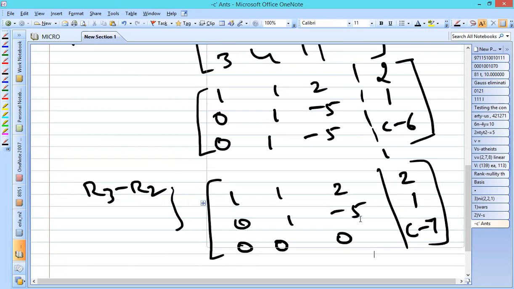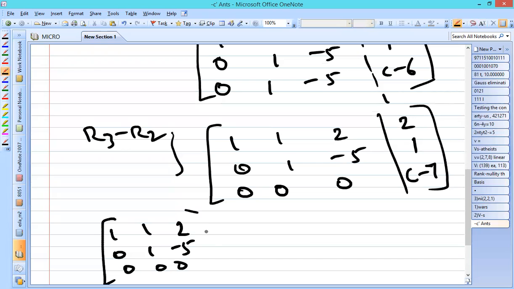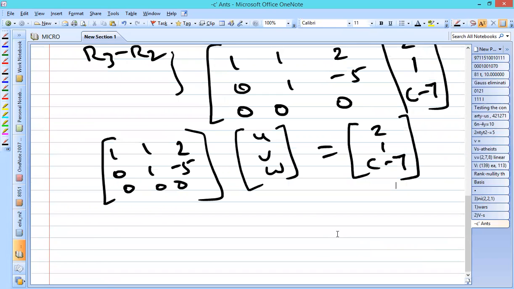Now you can write it separately. That is 1, 1, 2, 0, 1, minus 5, 0, 0, 0. These are the elements of matrix A. U, V, W are the elements of X is equal to 2, 1, C minus 7. From this, if you compare, C minus 7 is simply equal to 0.